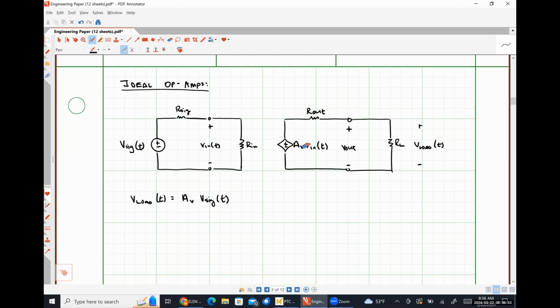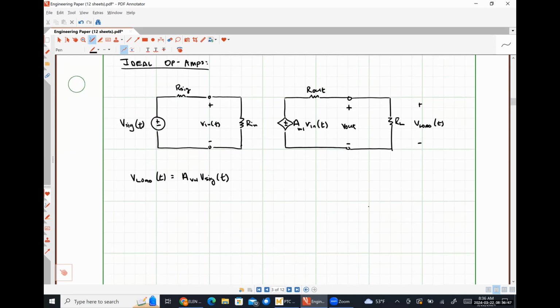I'm gonna call this AVOL, and I'm gonna call this guy AVCL, even though we don't necessarily have a feedback loop here, we're gonna choose to represent it like that.